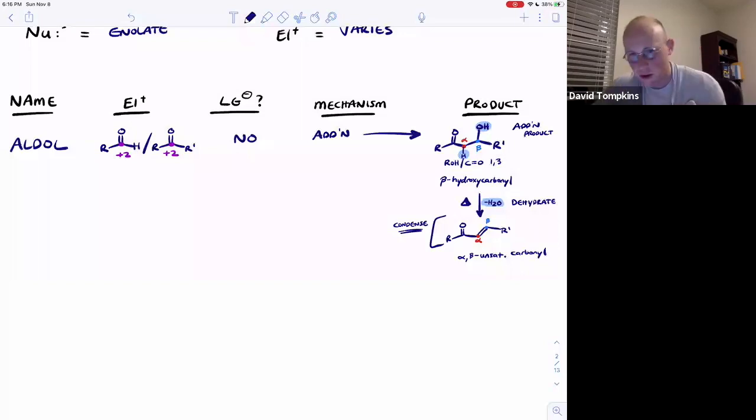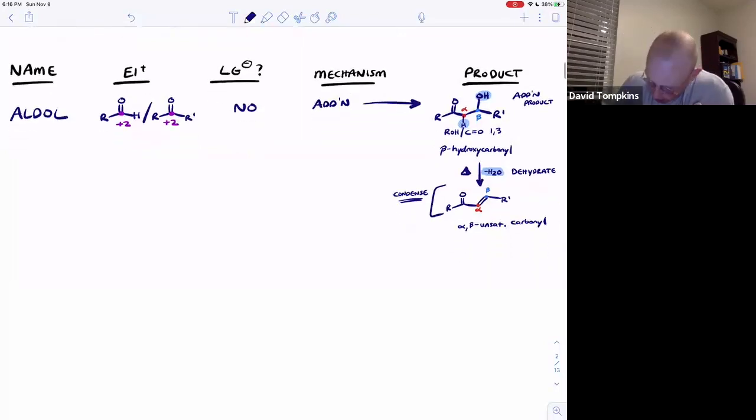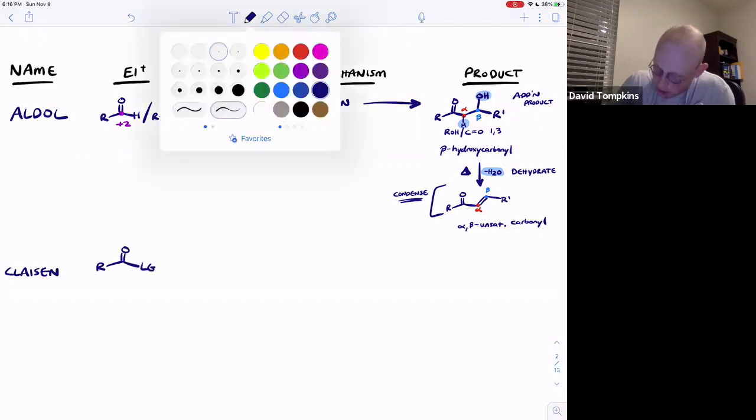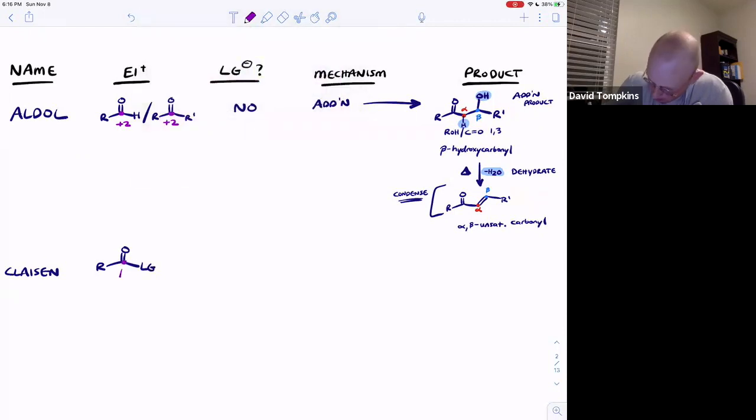So let's juxtapose that with the Claisen condensation, where the Claisen condensation now uses some carboxylic acid derivative, where there's a leaving group bound to the carbonyl. Or this carbon is in the +3 oxidation state. Now, 9 times out of 10, the leaving group is an alkoxy group, an ester.